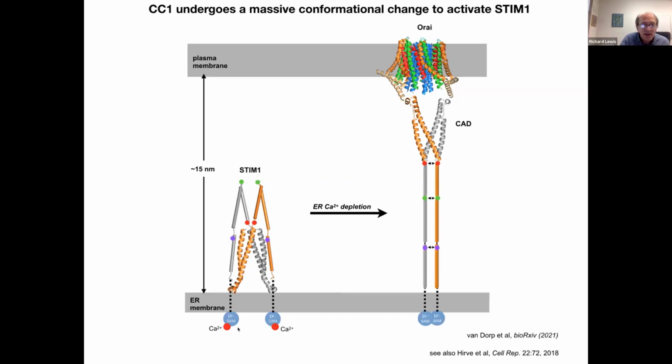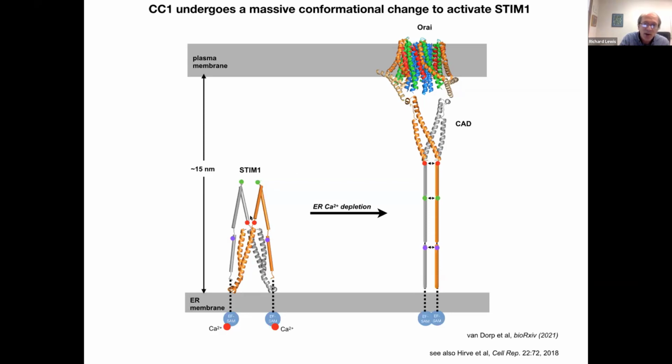And the release of calcium from the luminal domains allows the EF-SAM domains to come close together and release the CC1 domains from CAD. While this exposes the CAD, coiled coil forms in the transmembrane domains and in the proximal CC1 domain. And this extends the CAD towards the plasma membrane to interact with Orai.